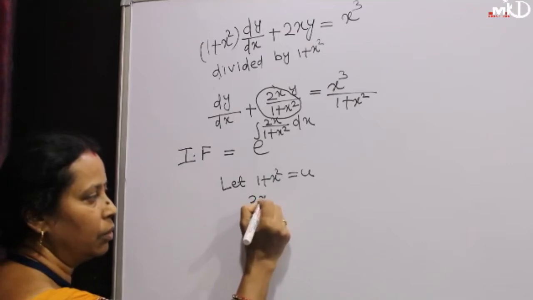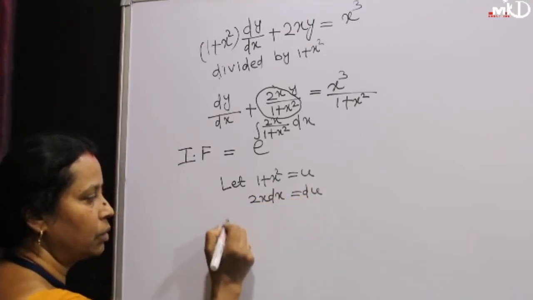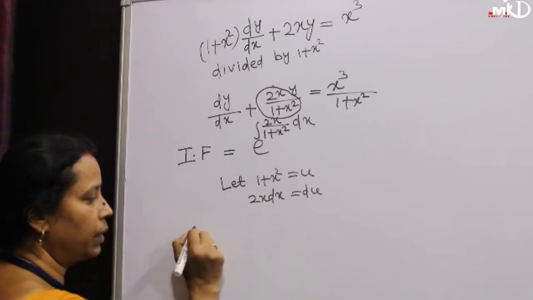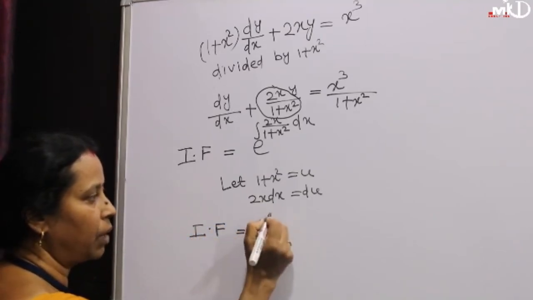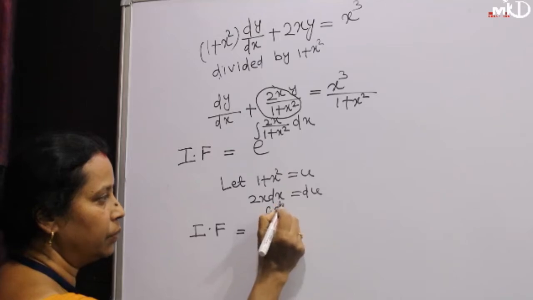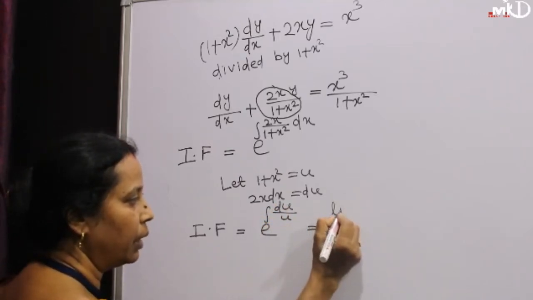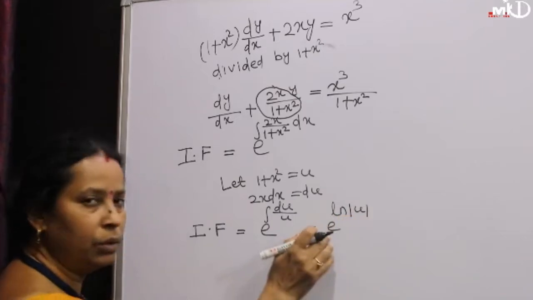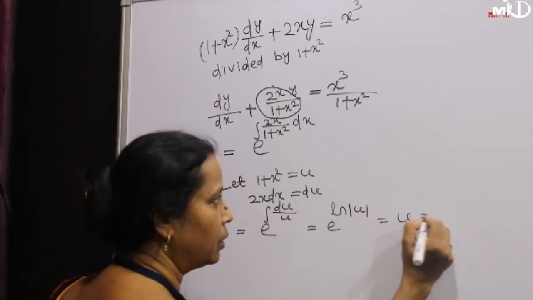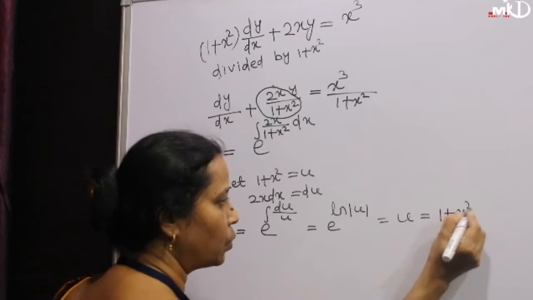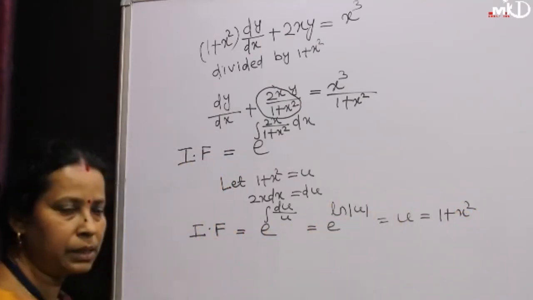So 2x dx is equal to du. So the integrating factor is e to the power integration of du by u, that is e to the power ln u, and you know e to the power ln u is equal to u, which is 1 plus x square. So the integrating factor is equal to 1 plus x square.